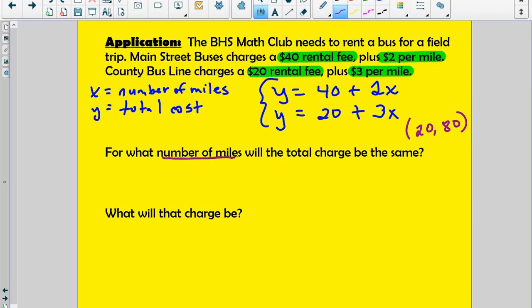Well, number of miles is your x value, so that's 20. We always do labels when we do real problems, applications. 20 miles. So what will that charge be? In other words, what's the total cost for 20 miles? $80, based on our y value.